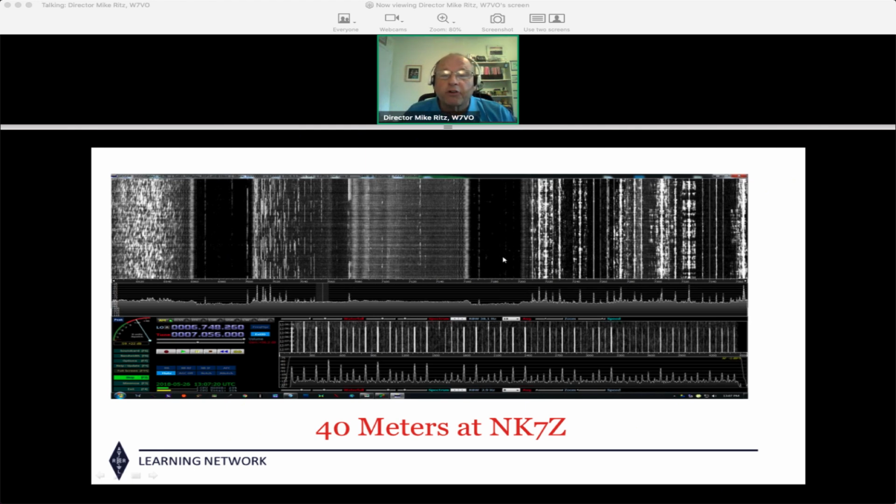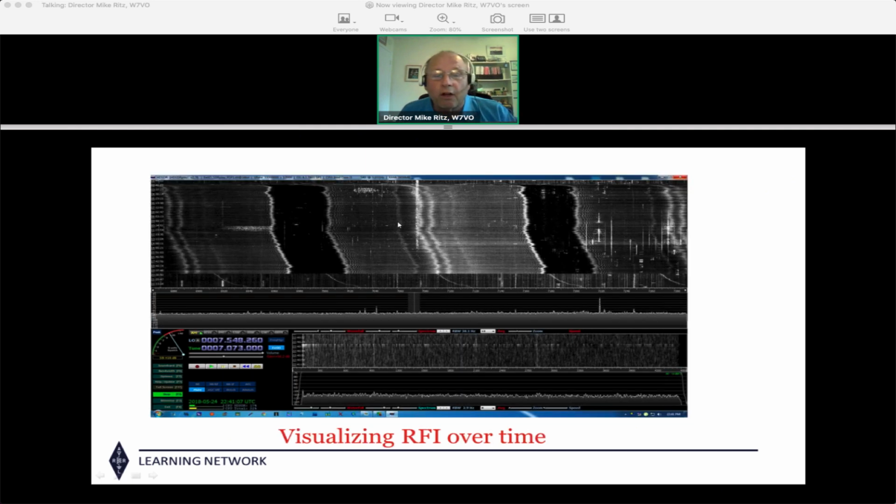And you can see here how dark this is. This is actually taking up the AGC in his radio, and the radio can't respond to very many of the signals that are close to it because this is wiping it all out. You can also take a look at this thing over time. You notice here that all of a sudden the noise is shifting in frequency a bit as time goes on.